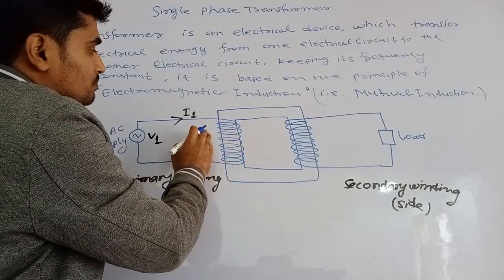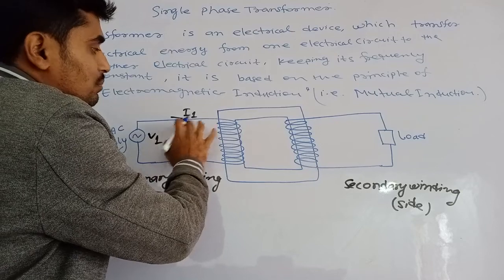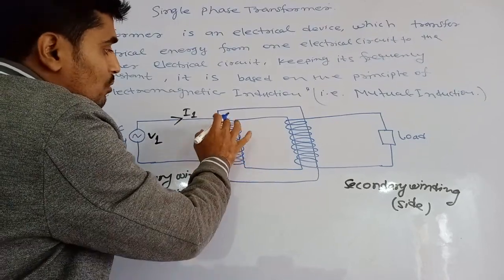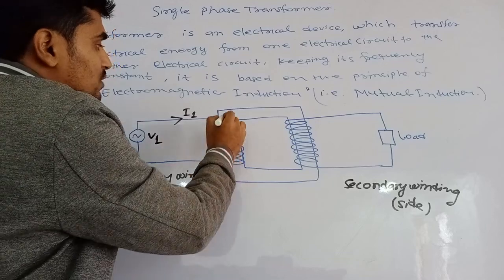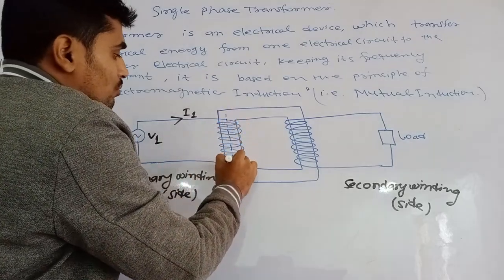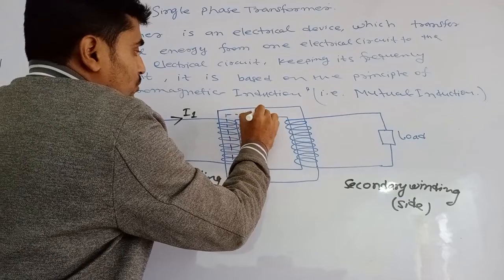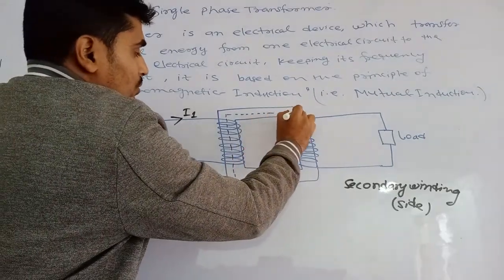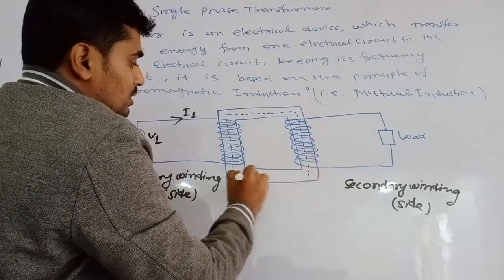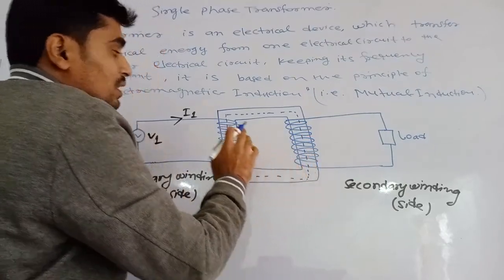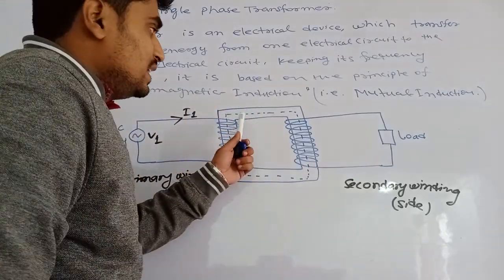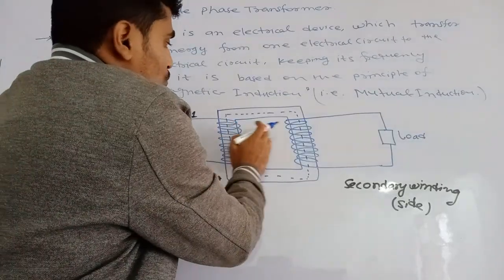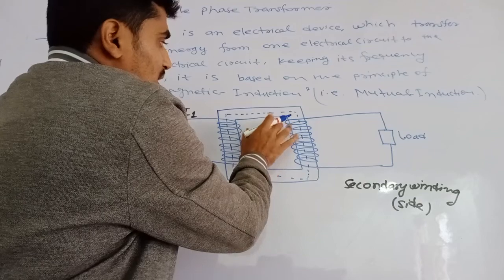As you know, whenever current is supplied through an inductor, a strong magnetic field is produced. So a strong magnetic flux is produced all over the core of this transformer, and the transformer core magnetically interlinks the two. Here two different electrical circuits are placed.